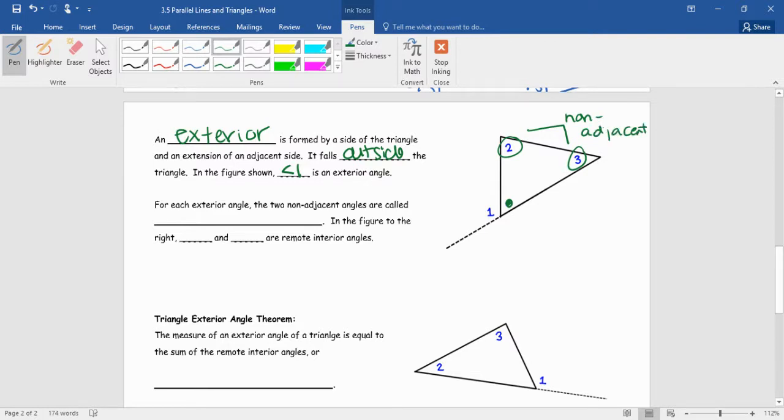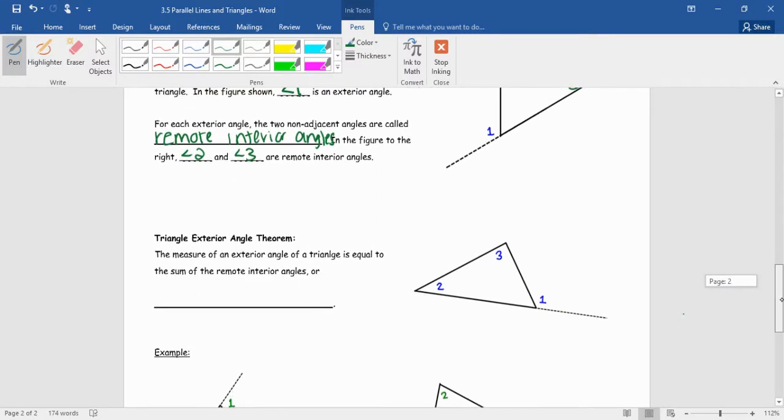The fancy word for those is remote, not like your TV remote, remote like isolated, remote interior angles. Okay, so in this little picture, angle 2 and angle 3 are the remote interior angles. So we have an exterior angle and we have remote interior angles.